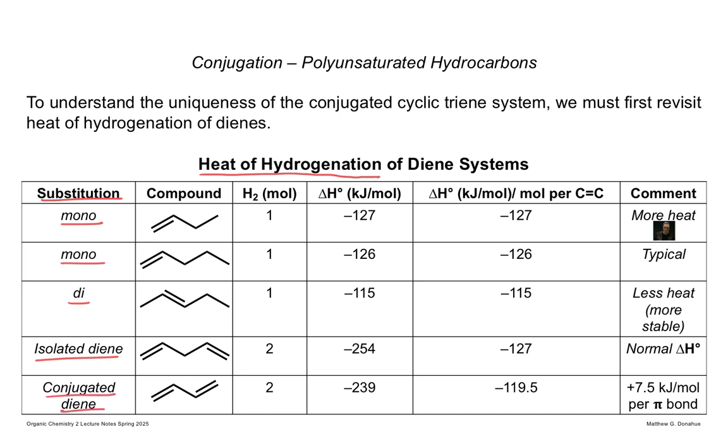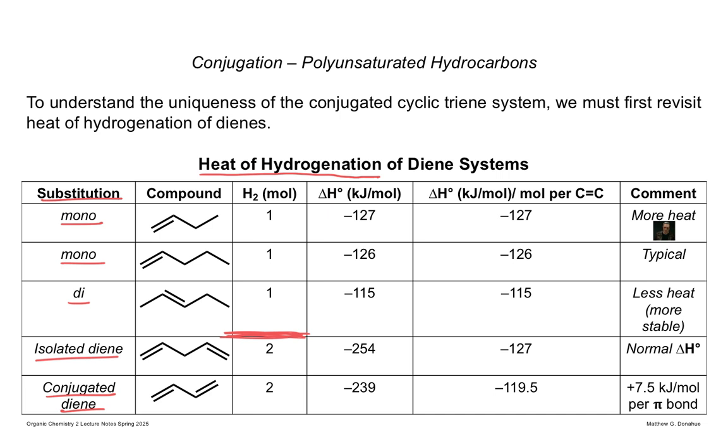And so if you look down the H2 column, that's the equivalents of hydrogen gas that we have to add to fully hydrogenate the molecule. So you can see at this point there's a difference from 1 to 2 because we're now having 2 alkenes in the molecule.